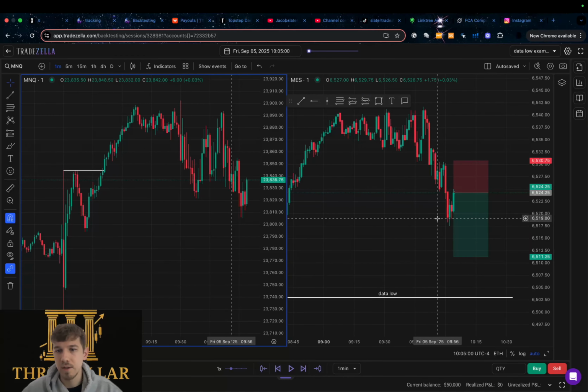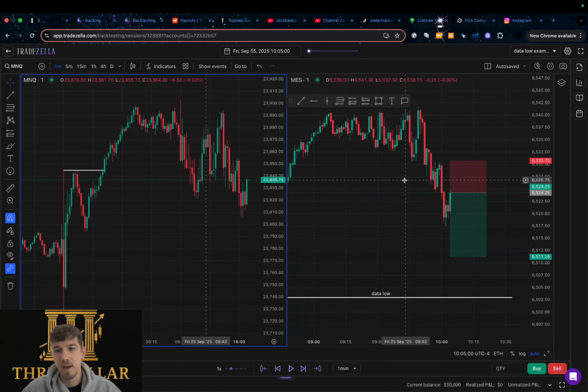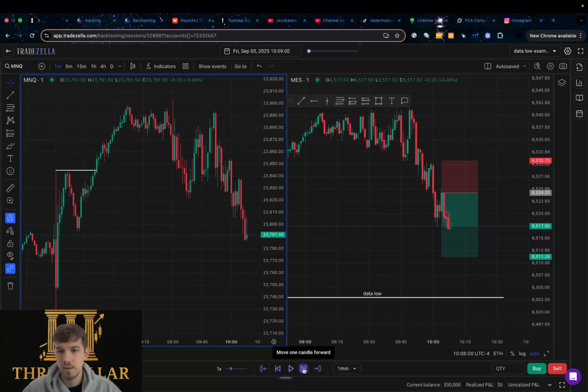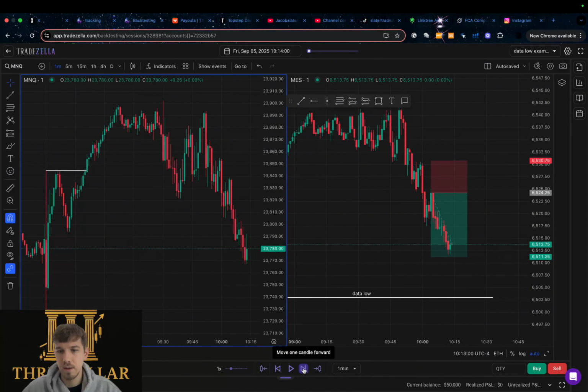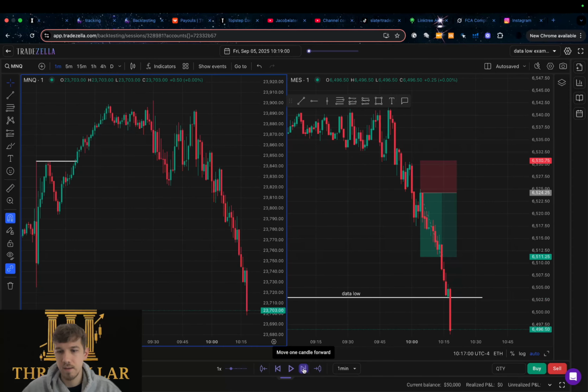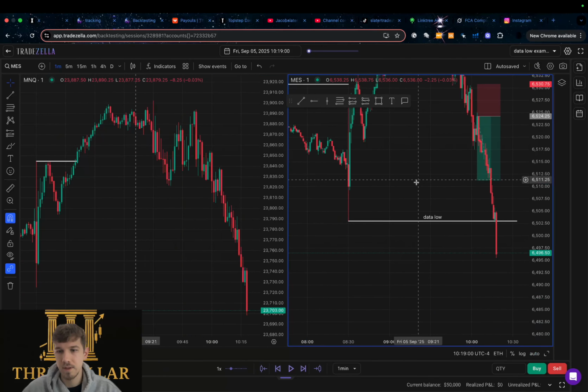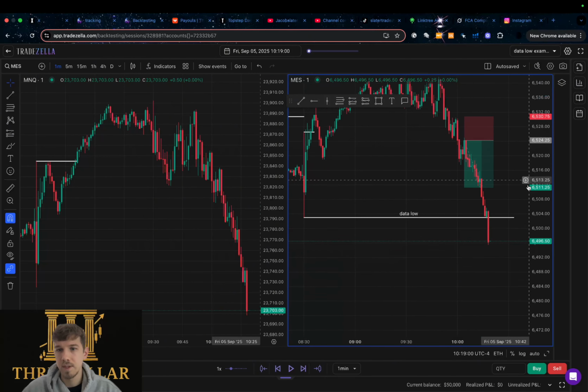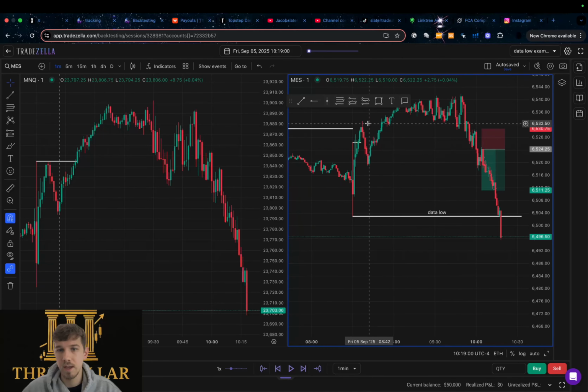So what we've essentially got is a buy side sweep and then the uni model put in, and then it eventually hits TP and takes that data low. This is a great example of how we take one side of the liquidity before reversing and taking the other side of the liquidity.